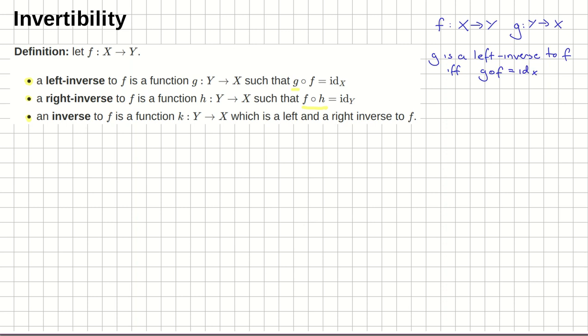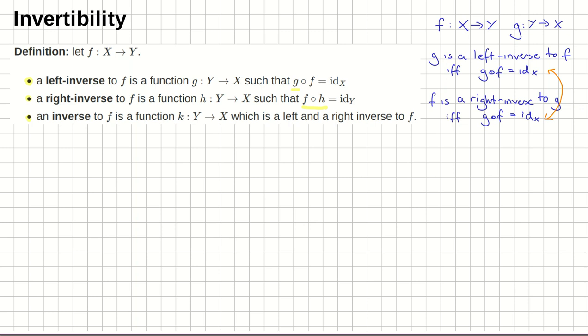On the other hand, translating the definition of right inverse into this case, f is a right inverse to g if and only if g composed with f equals the identity on x. So these two conditions are in fact exactly the same, and the reason I'm pointing this out is to make the observation that saying g is a left inverse to f is exactly equivalent to saying that f is a right inverse to g.